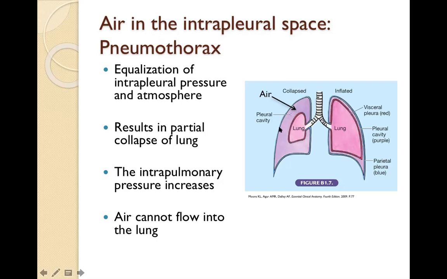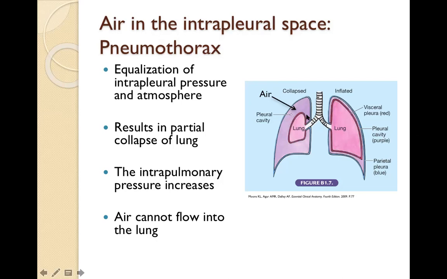So in the case of a pneumothorax, it depends on the type of pneumothorax, to be honest, but they need to be treated very quickly, and they're treated with one of two methods. And usually it's both. They'll actually put a tube into this space that will suck the air out.